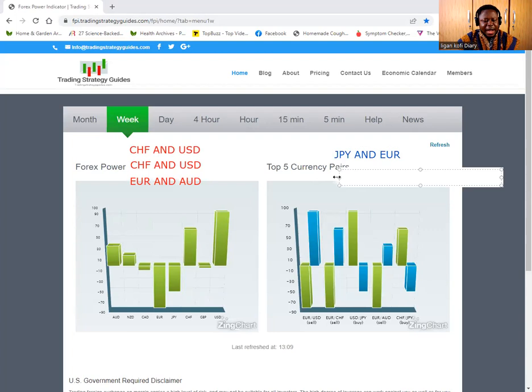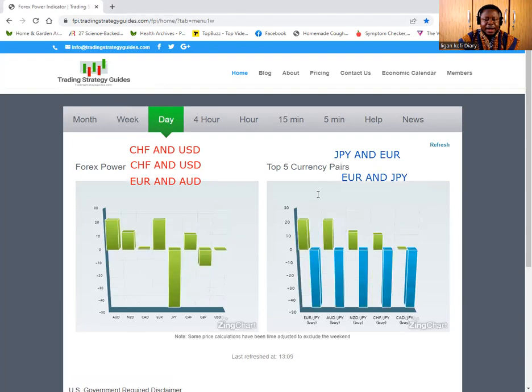On the weekly, we're going to have Euro and JPY. And then let's look at daily. On the daily, we're going to have JPY and GBP. Okay, we are good.